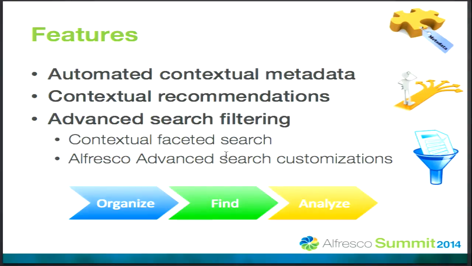There we have two features, contextual faceted search and advanced search customizations. So the idea is to first organize your repository, then enable users to find relevant content easily, and then provide facilities to analyze the content and gain insight from the data.